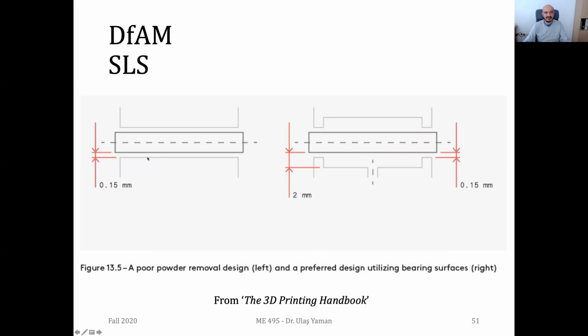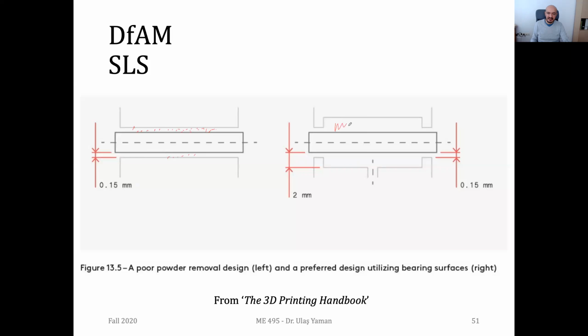But if that's the case, then you will not be able to remove the powder inside this region. It will be quite difficult since some of it may stick to the surface a little bit. You need to apply little forces. You cannot remove them by simply shaking. So that's why we prefer to have such a solution.